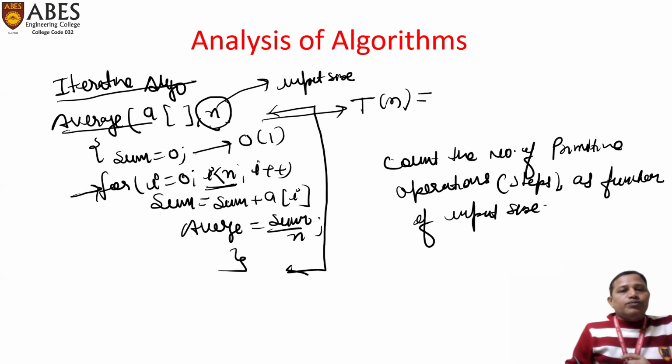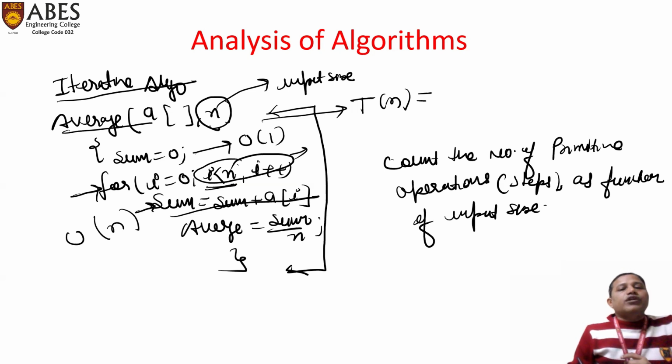Basically we will count how many times this loop will execute. This loop will execute n times, so this statement will execute n times. This is basically the time complexity. It depends on how many times this loop will execute, and all other statements will take constant complexity.